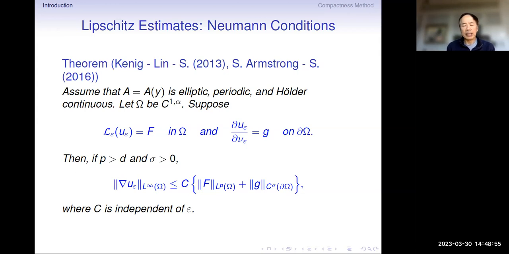Again, the most important thing here is that the constant C is independent of epsilon. Again, sigma needs to be positive; it's not true even for harmonic functions. You don't have a Lipschitz estimate for continuous data for the Neumann problem. All right, questions?